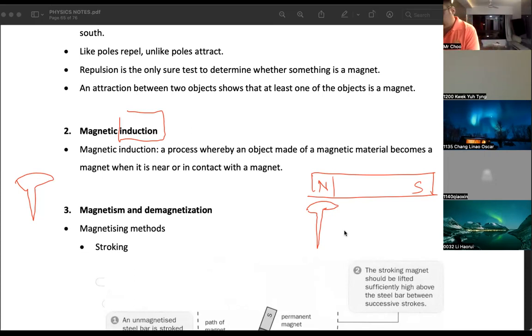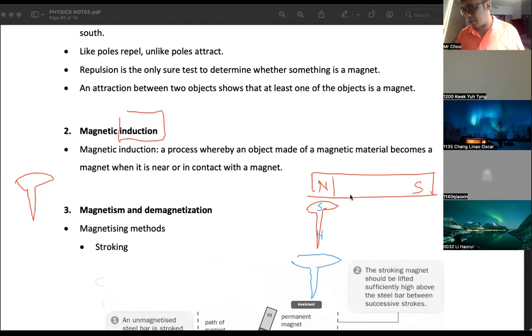What does it mean? It means that it also has a south pole and a north pole. Clear so far? It also becomes like a magnet. Then if you put another iron nail below, it's able to attract, and it becomes a south pole and north pole as well. Of course, you cannot forever put magnets down all the way. The further it is, the weaker it becomes.